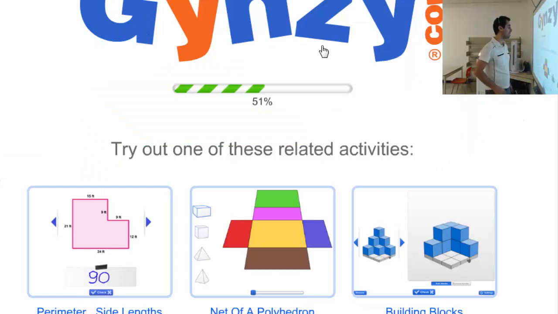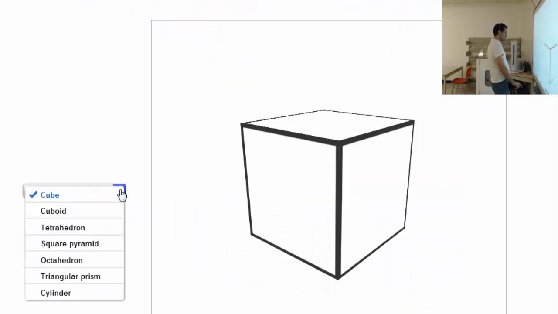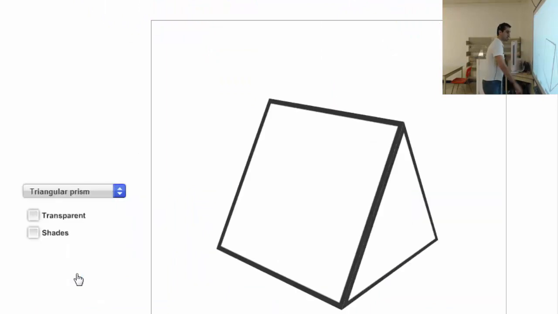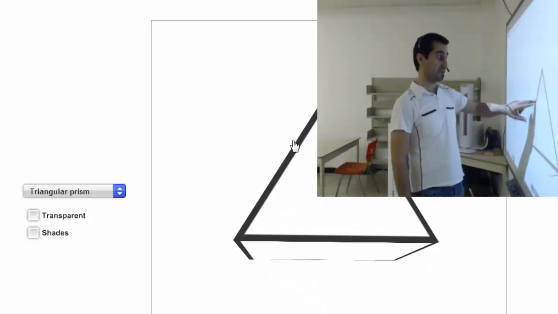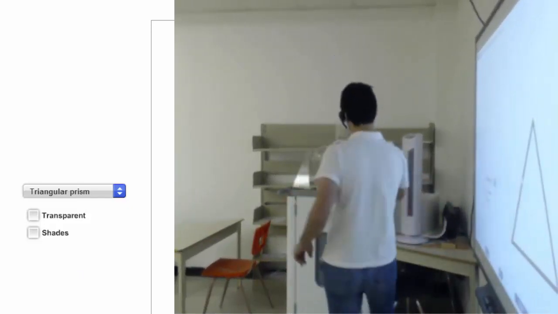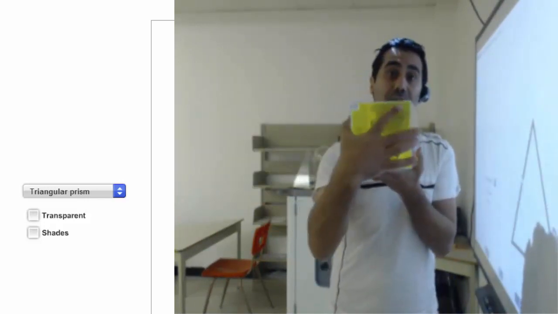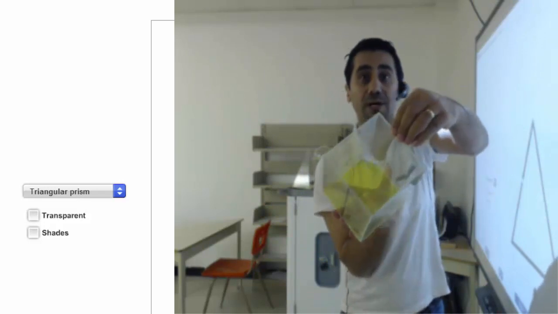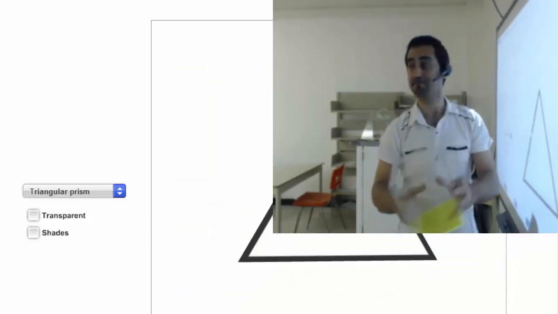Let me show you how it will look. Open, and cube is not what I want, triangular prism. So this is a triangular base. As you can see, over here we have a triangle, right? Once again, this is a square. We have a square here, on top we also have a square, and straight lines. That makes it a prism.